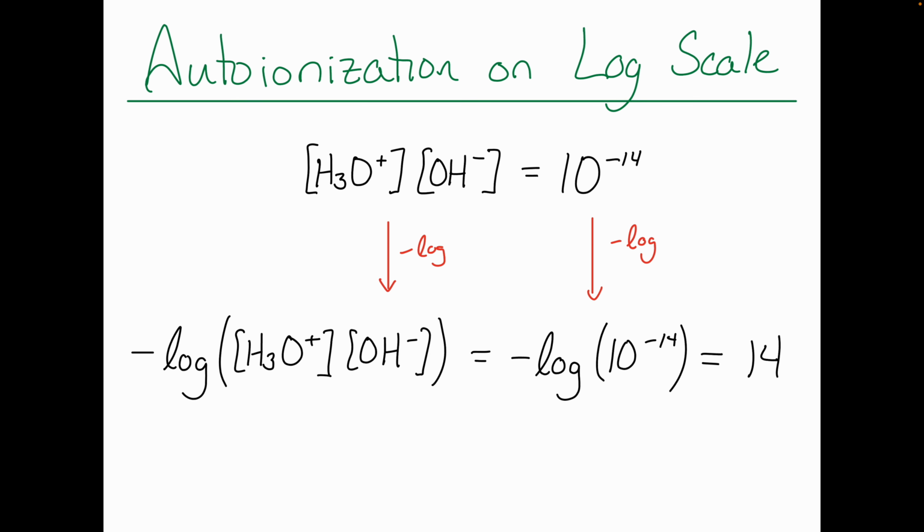Okay, and then looking on the left side, we're going to take advantage of some weird log algebra here. It turns out that the log of A times B is the same thing as the log of A plus the log of B. So we're going to use that to split up that product that's inside those parentheses.